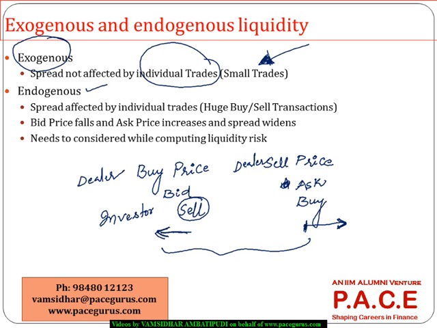Whereas when we talk about endogenous liquidity, even an individual trade will influence the price heavily, which means the spread also gets influenced very heavily. So generally we talk about large transactions, a huge buy or sell.